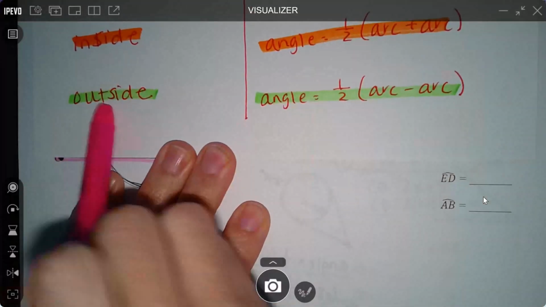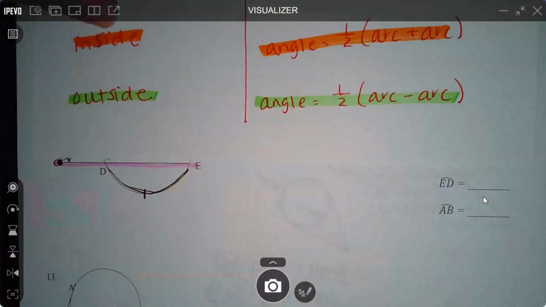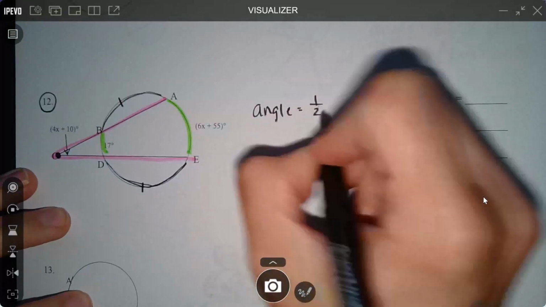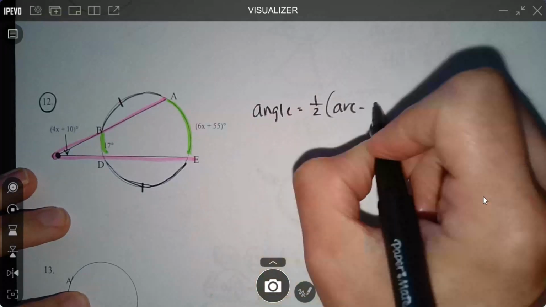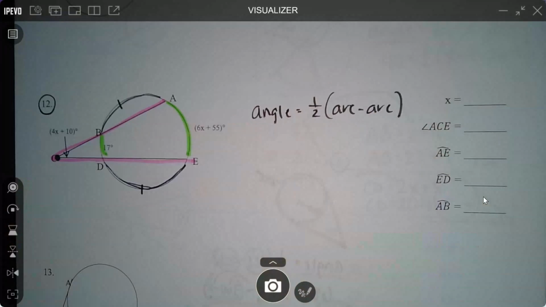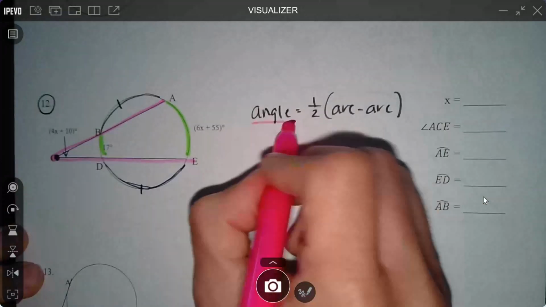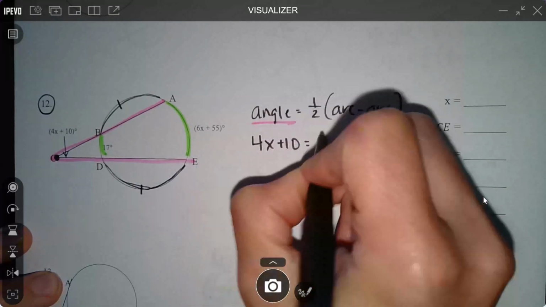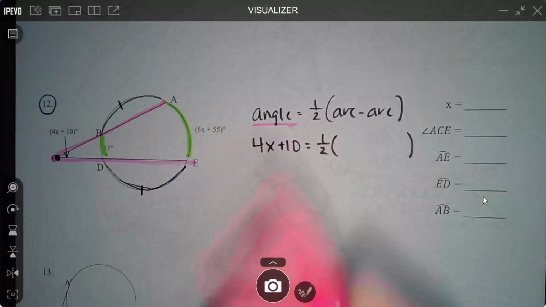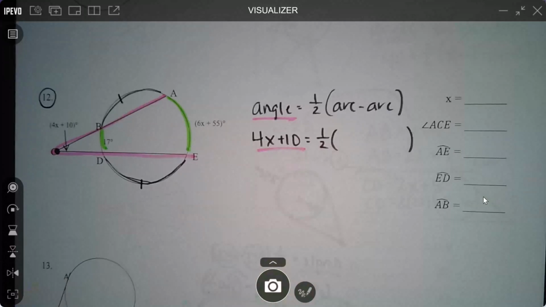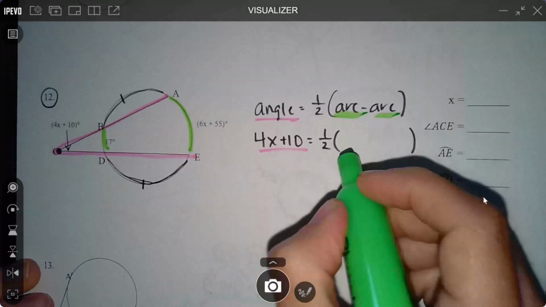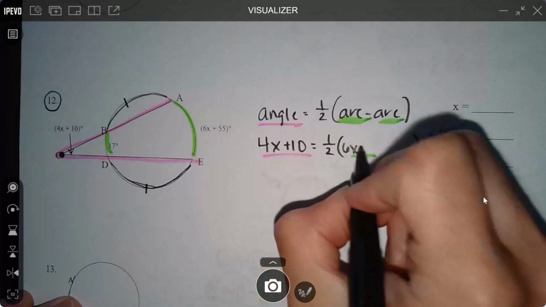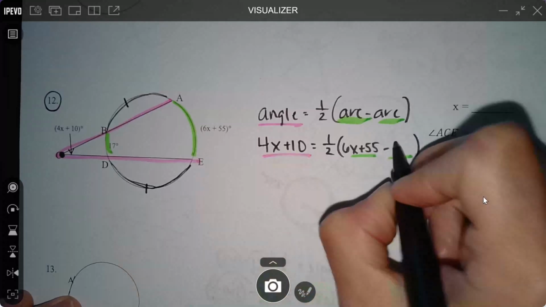It's outside. Here's my formula again: angle equals 1/2 arc minus arc. My angle is 4x plus 10, and then I need both of my arcs. It would be the larger one, 6x plus 55 minus 17.